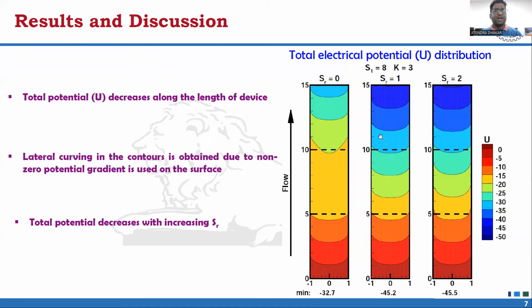The lateral curving in the contours of total electric potential occurs due to non-zero potential gradient normal to the wall except SR equals 0 in the middle section of the device. The absolute value of the potential increases with increasing the surface charge ratio from 0 to 2 because increasing SR enhances the electrostatic force near the walls that increases the streaming current, and further the streaming potential.